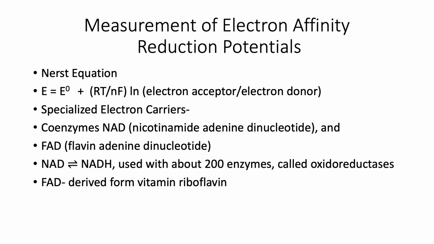Generally, you can get 3 ATPs generated off of this process, 2 off of this, and the equilibration between NAD and the reduced form NADH. You find this in about 200 enzymes. We'll be running into quite a few that utilize this energy transfer for reducing and oxidizing compounds. We call these oxidoreductases. And FAD is derived from the vitamin riboflavin, which is vitamin B2.